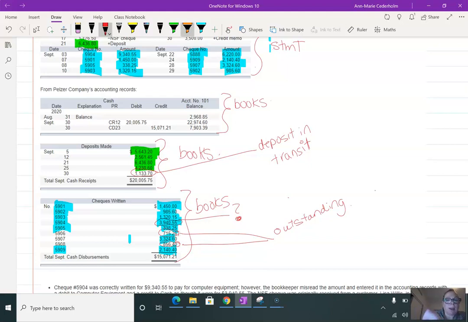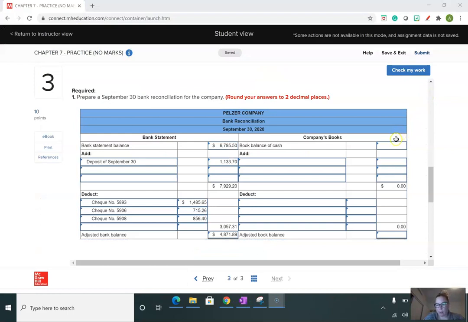So my ending balance, and I'll just highlight in orange, is 7903.39. So that's my book balance right now. So I'm going to go ahead and put it into the book balance of cash, and that's 7903.39.